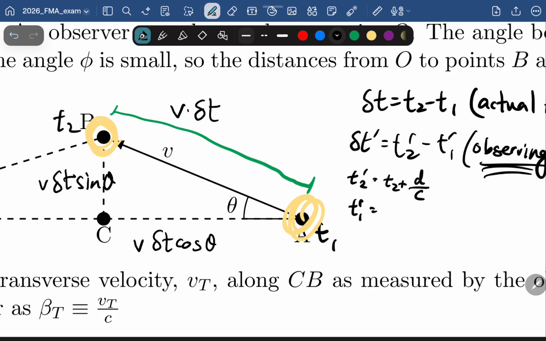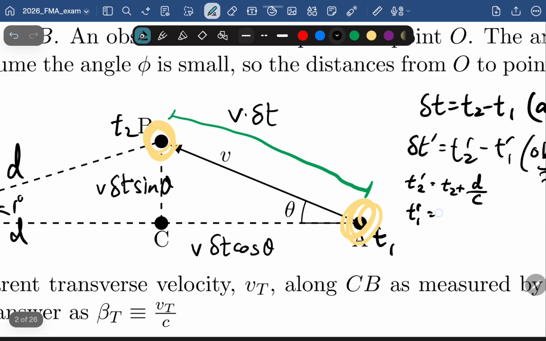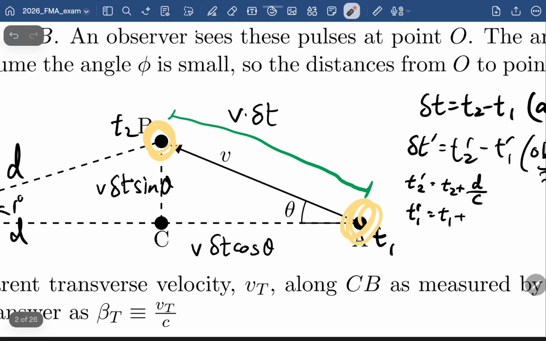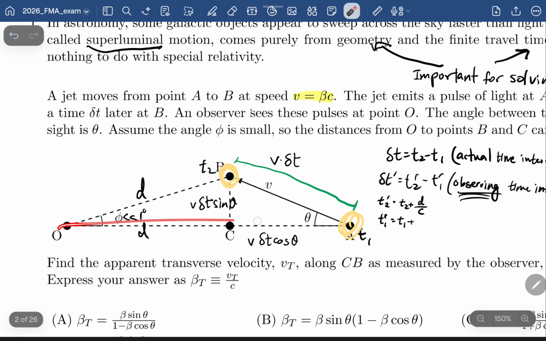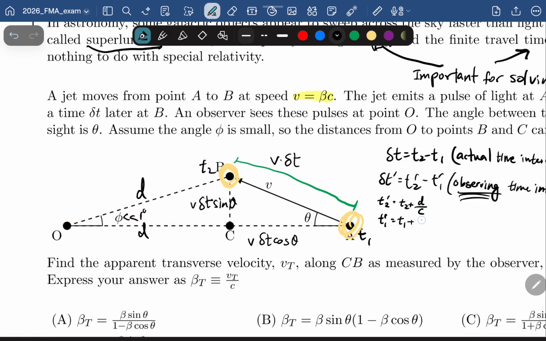T1 prime, on the other hand, is T1 plus this distance from O to A, which is d plus v delta t cosine theta, all over c.